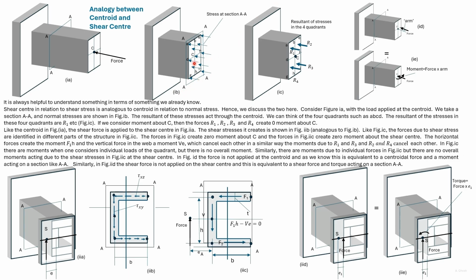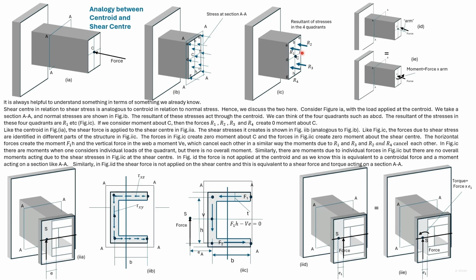The section can be divided into 4 quadrants. In the quadrant A, B, C, D, the stresses can be represented by a force R1, as can be seen in figure 1c. In the other three quadrants, the resultant forces can be represented by R2, R3, and R4.